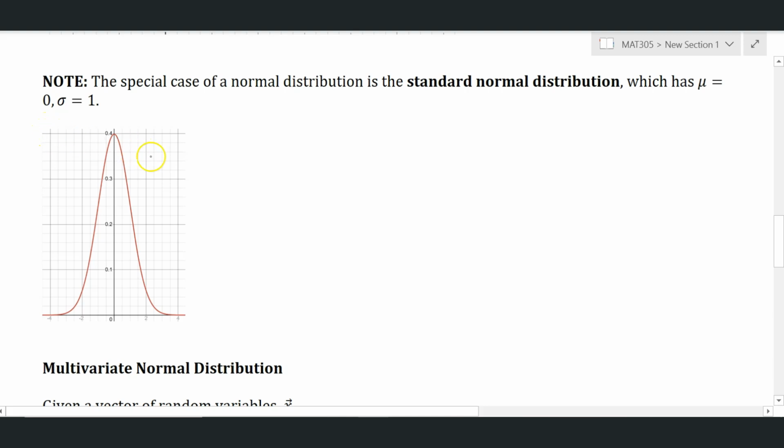And regardless of what version of the distribution you are working with, you could always standardize it and then use the lookup table to find probabilities. So anyway, that's one of the conveniences of working with the standard normal: everything can be converted into the standard normal and you can use one probability table. I just wanted to put that out there.